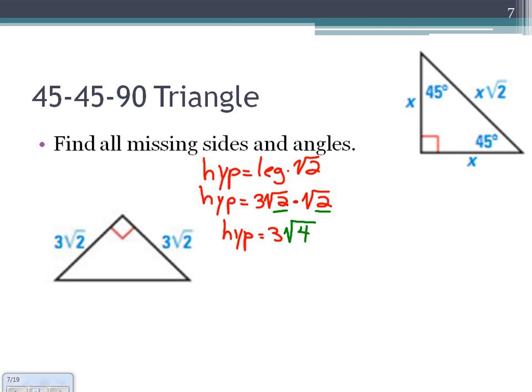Okay. Now, this is a unique case because what is 4? What's that called when it can have the square root? Perfect square. What is the square root of 4? 2. So I can say that the hypotenuse is equal to 3 times 2. So therefore my hypotenuse must be 6.